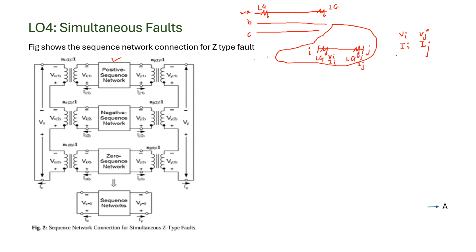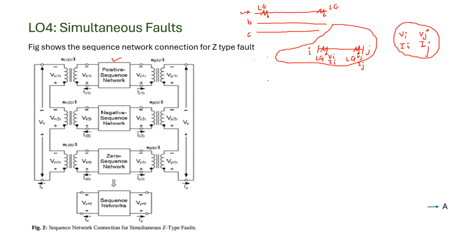Okay, so this is my objective. Now how to do that? Because you have only four parameters of interest, we can use the two-port network concept here.